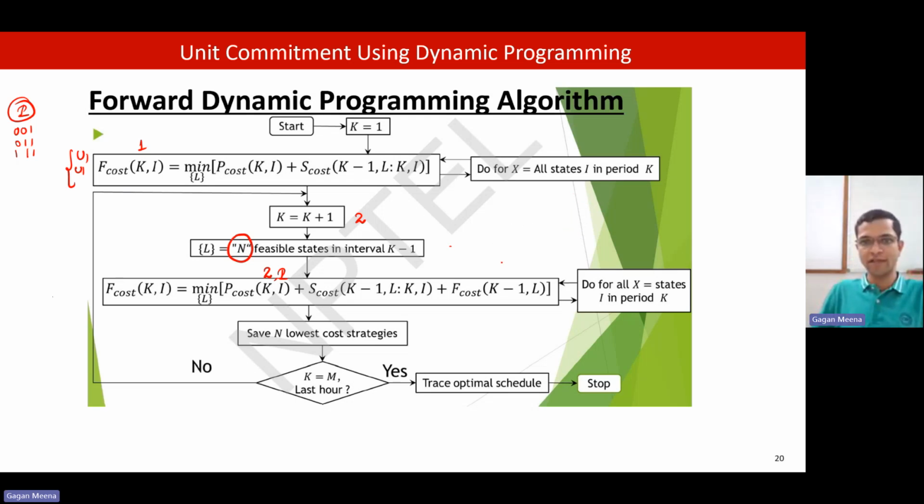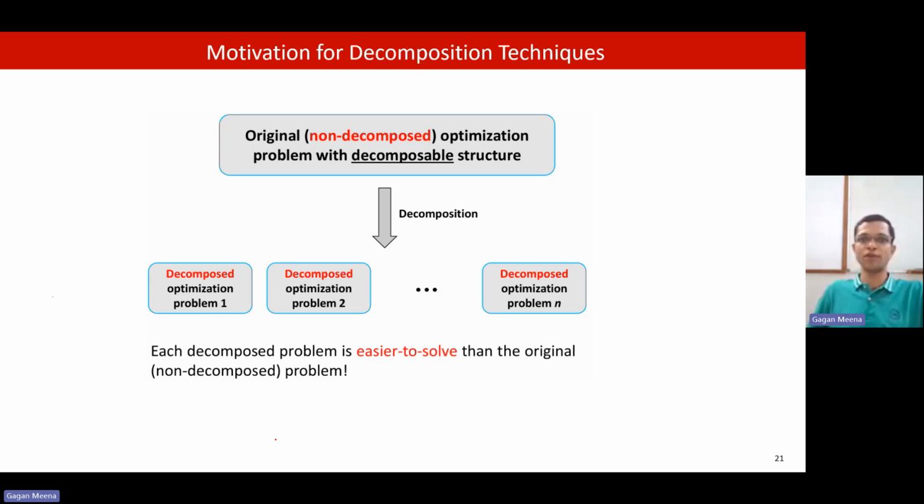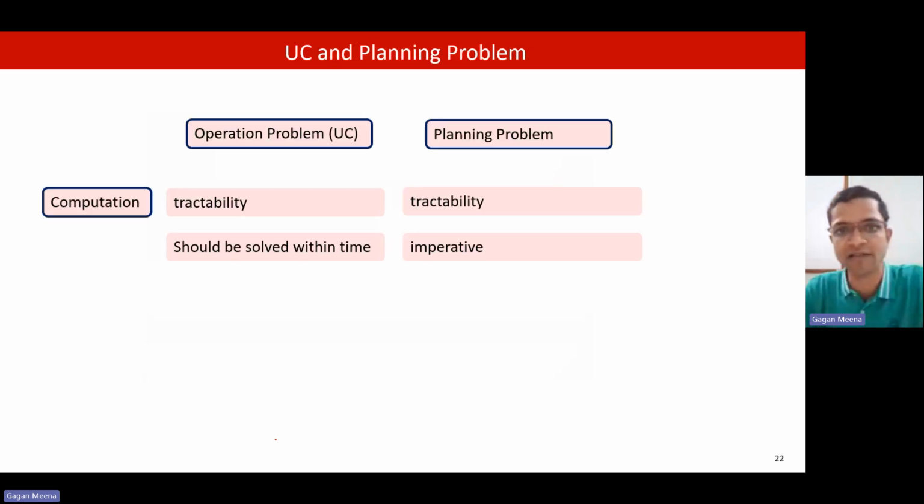And this is the cost up to state k minus 1. We need to do this for all the states I in period k. Save the n lowest cost strategies and then do it till we reach all the periods and then trace the solution. This motivation we will discuss in the next class.